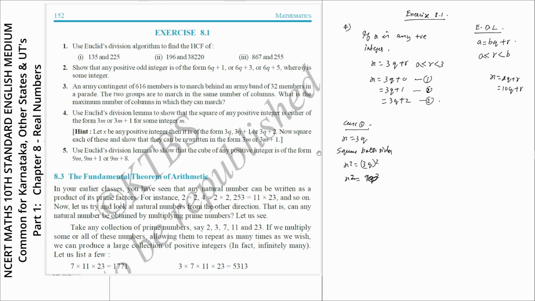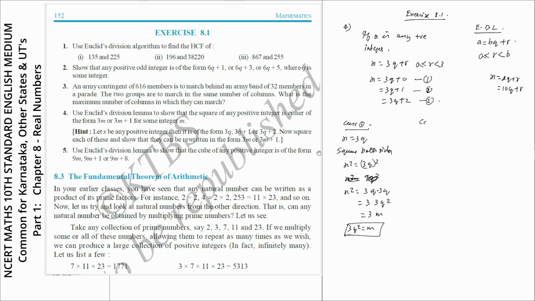I'll write x square is equal to 3 into 3q into 3q only. 3q square is 3q into 3q. So I can write this as 3 into 3q square. So if I take 3q square as m, I can write 3m. I am just taking 3q square is equal to m.